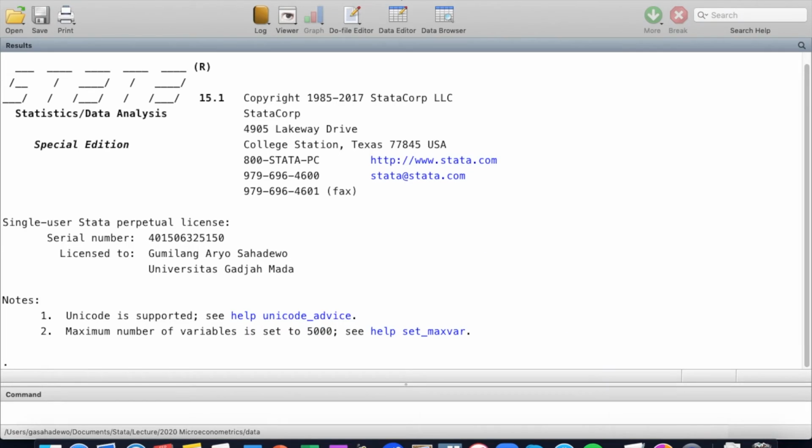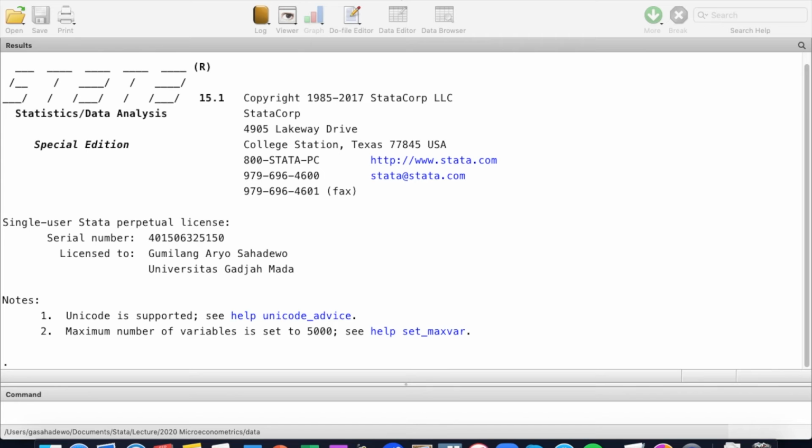Okay, so let's switch gear to Stata, and what we're going to do today is that we're going to use a data set from Cameron and Trivedi's textbook on microeconometrics using Stata.